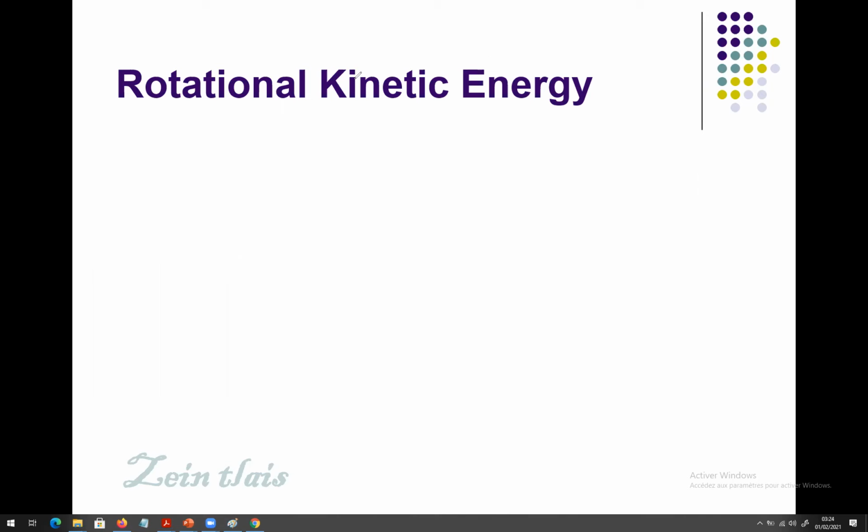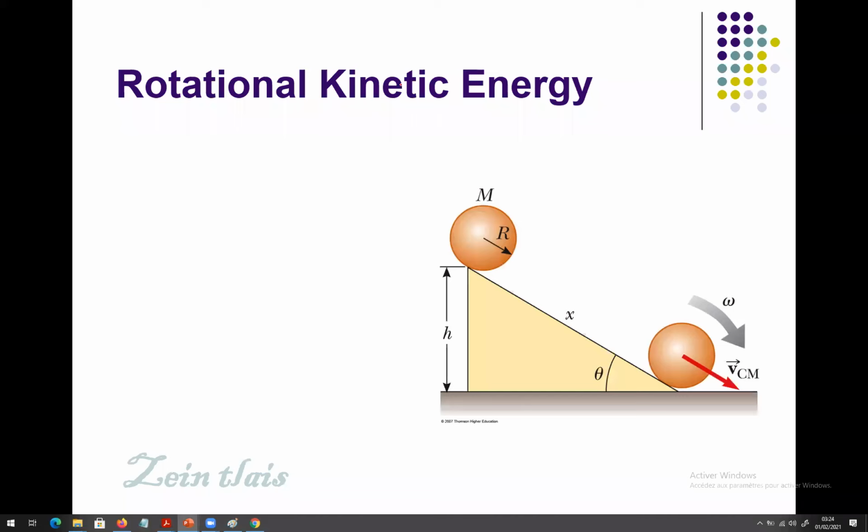For example, I take this example. With this example, as you see here, we have a translation from this point to this point. In this case, without sliding, we have a rotation, the system is rolling around, and we have translation at the same time.